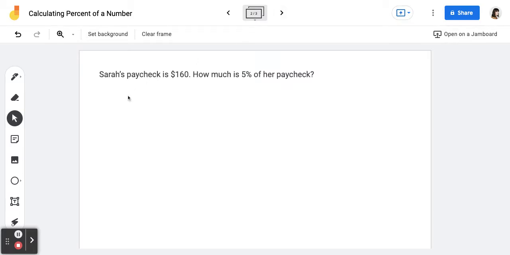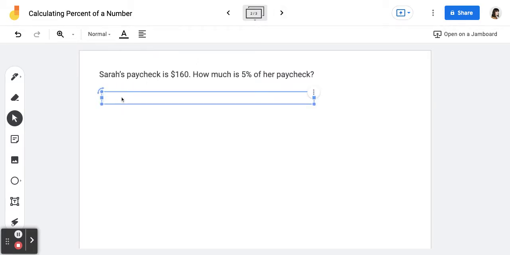Sarah's paycheck is $160. How much is 5% of her paycheck? Well, we haven't looked specifically at how to calculate 5% of something yet, but we can use what we know about equivalent fractions to help us solve this problem. We know that 5% means 5 for every 100. And a fraction of 5/100ths can be simplified to 1/20th.